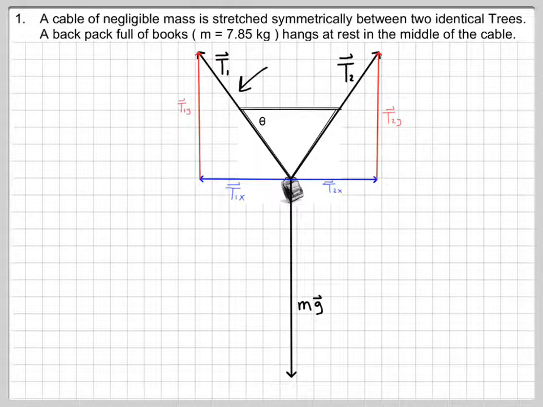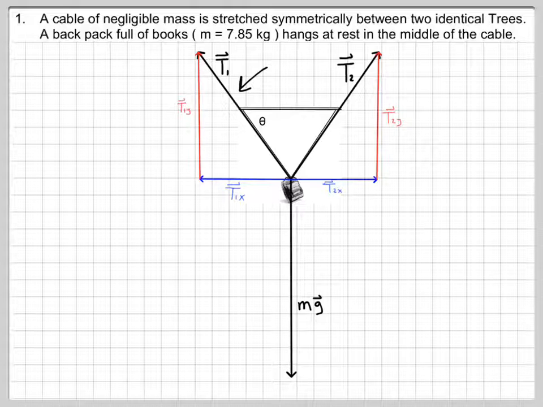And that's going to allow me to apply a collinear vector addition algorithm to this problem. So the two red vectors are going to add together with the vertical weight force vector, this one, and the two blue vectors will add together with themselves.